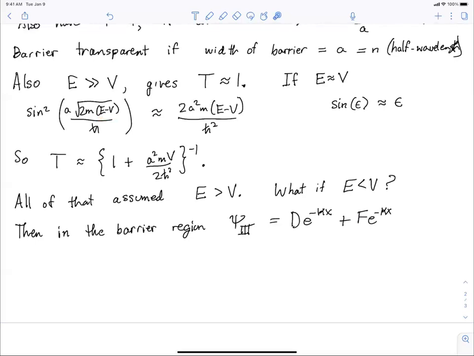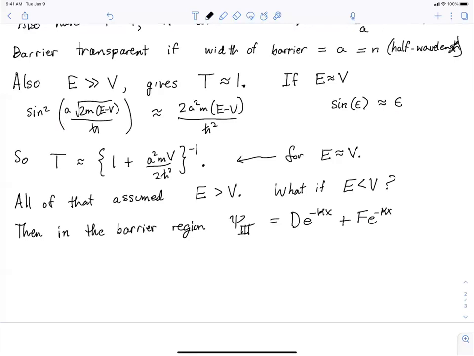So we're taking the sine of a very small number. Sine of a very small number is equal to the same very small number, and so I just take that thing squared. Thank you. Sure. So I should have said here, this is for energy approximately equal to V. Good.